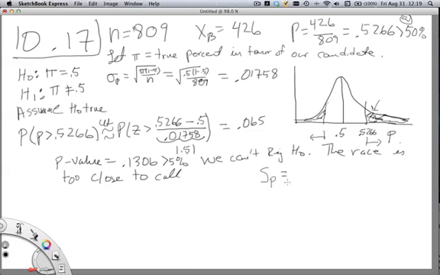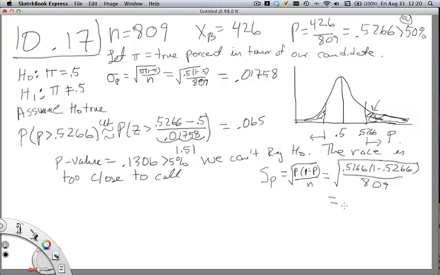S sub p is equal to the square root of p times 1 minus p over n. So this is going to be 0.5266 instead of 0.5, and then 1 minus 0.5266 all over 809.